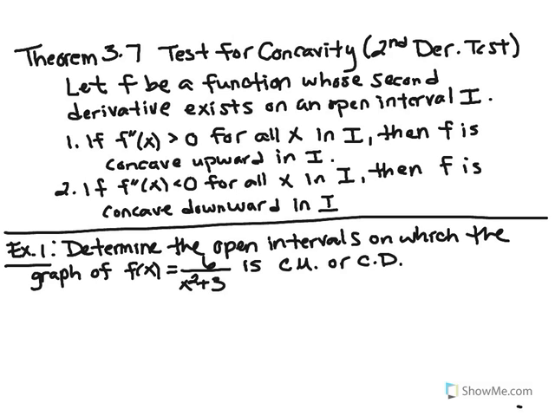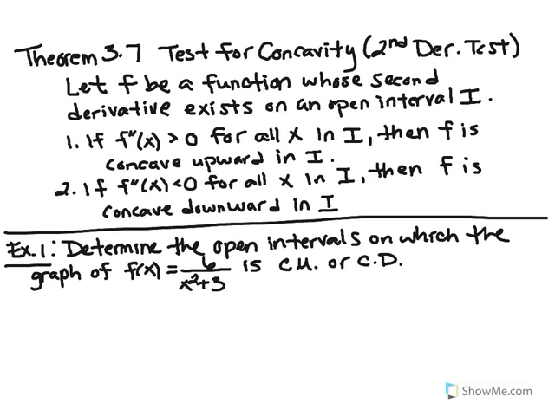So let's take a look at this example. This is in your textbook on page 191, and we are going to skip a few of the steps because the steps are in your textbook.